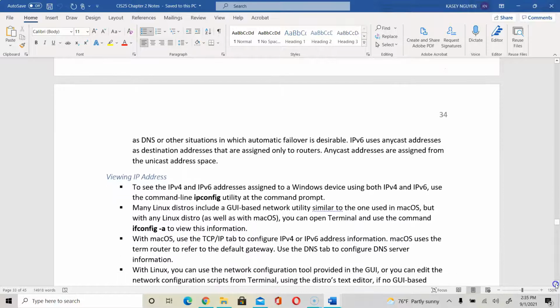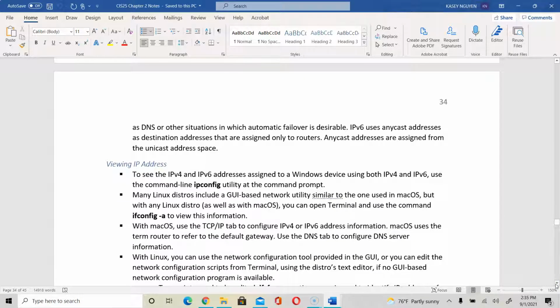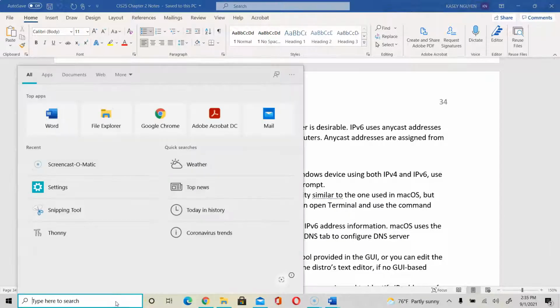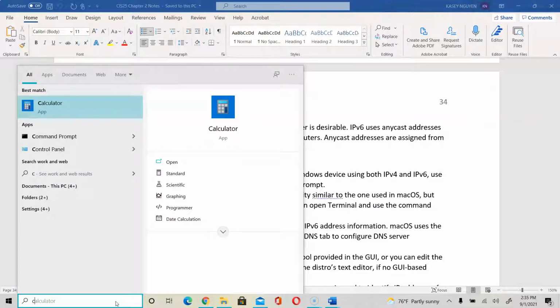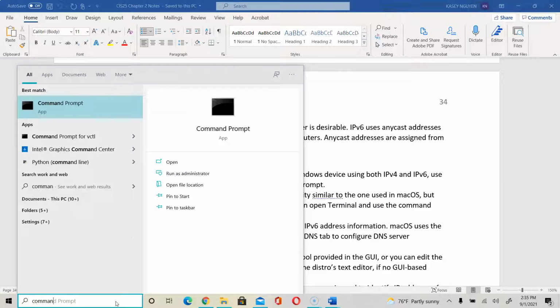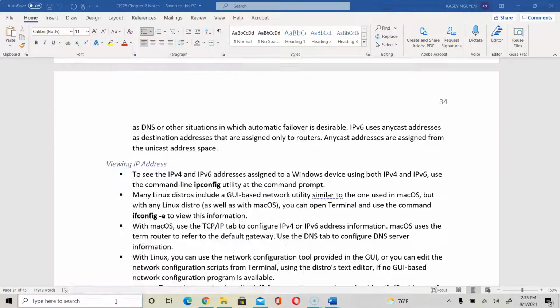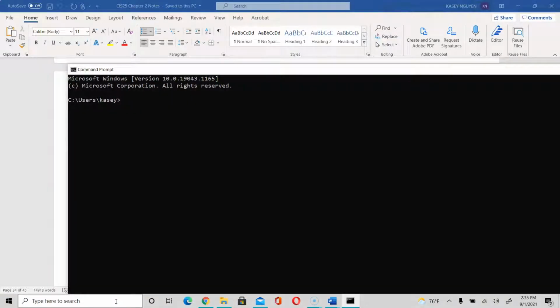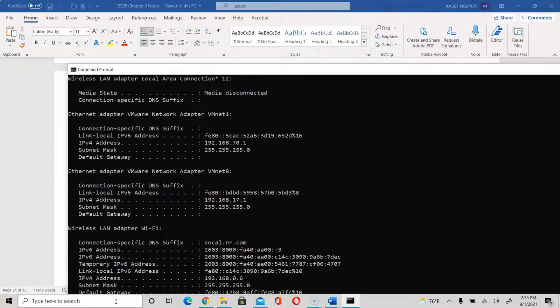So to view your IP addresses, you can use command prompt. In this example, I would use Windows 10 and I simply search for command prompt, or I can type in CMD. And this will take me to Windows command prompt, and here I can type in ipconfig, which gives me the general configuration. As you see, I have different adapters, wired, wireless, Ethernet, along with Bluetooth and so on.